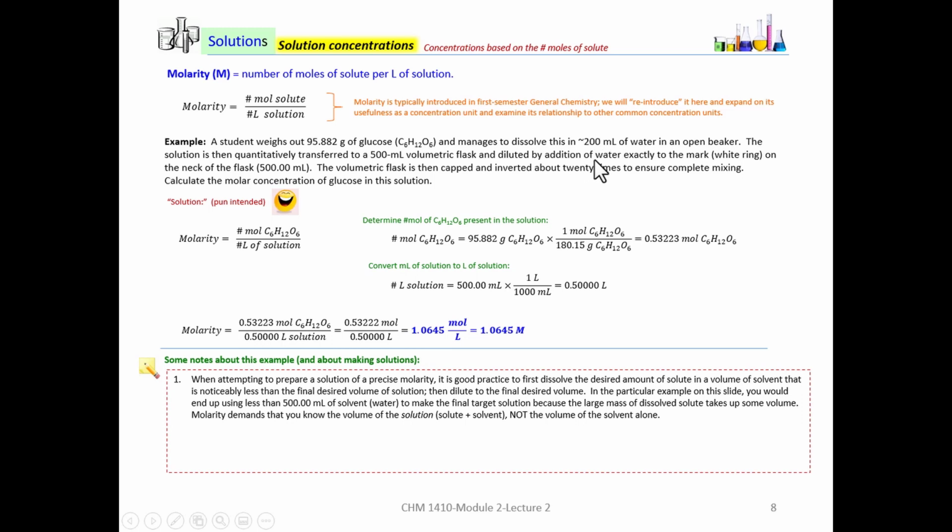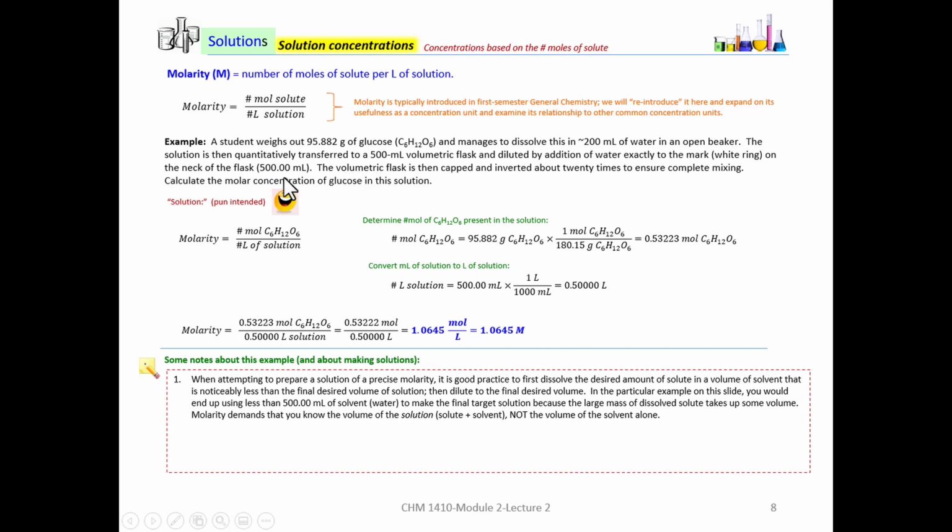Then we diluted to the final volume by taking this solution that we made, quantitatively transferring it to a volumetric flask, and then adding water until the total volume of the solution was exactly 500 milliliters. In the particular example here, we would end up actually using less than 500 milliliters of water.